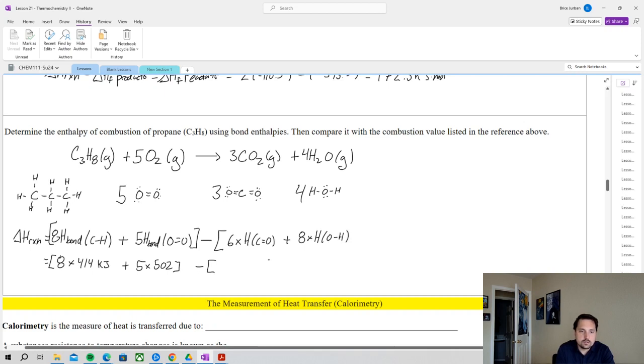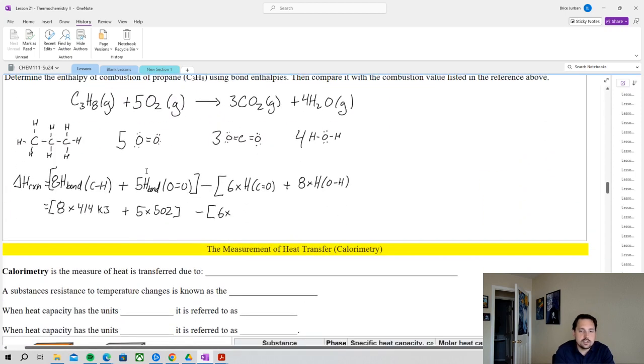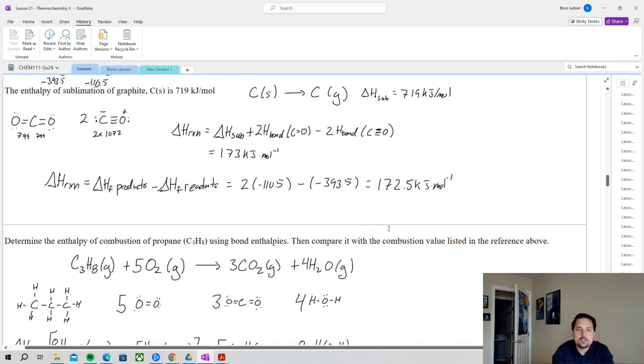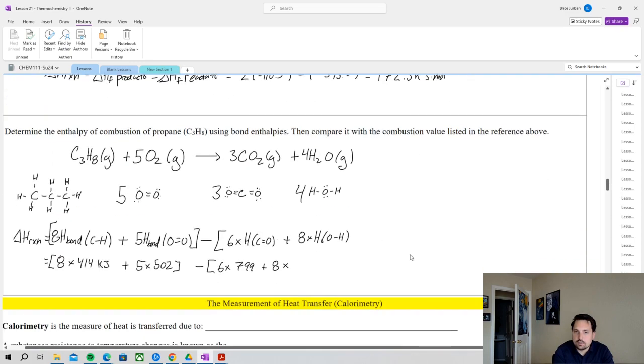Those are just single bonds. Okay, so C=O, we said in carbon dioxide was 799. And then for O-H bonds, we did that above, 464.